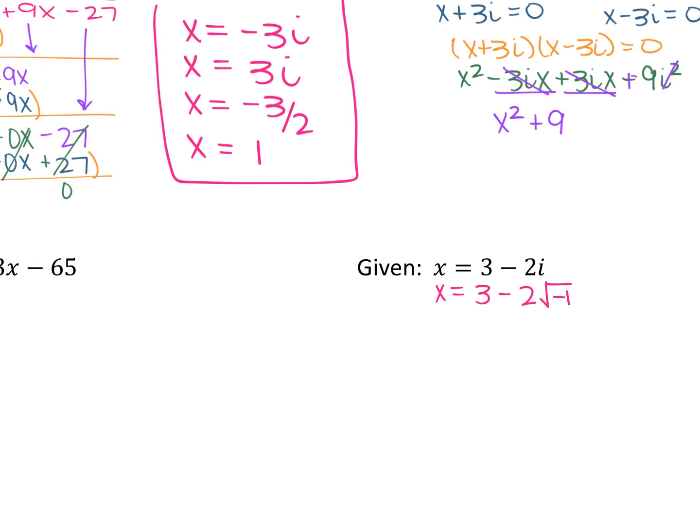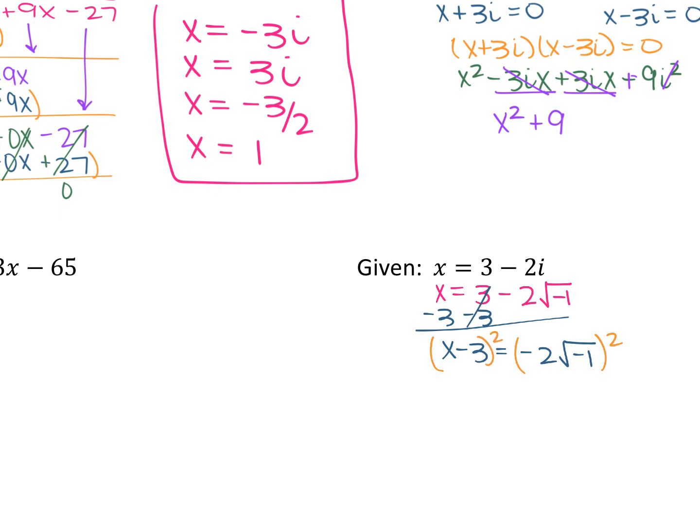You're going to have the same answer as if you were to keep the i, but again, just a different method. We want to get rid of that square root here, so we're going to first move the 3 over. So that's x minus 3 is equal to negative 2 times the square root of negative 1. I'm not going to move the 2 over because I want to keep it and not work with a fraction, because why would I want to work with fractions? Square both sides to get rid of that radical.